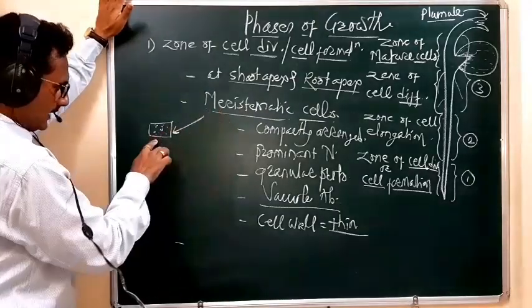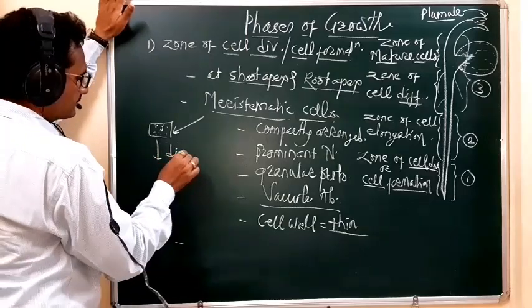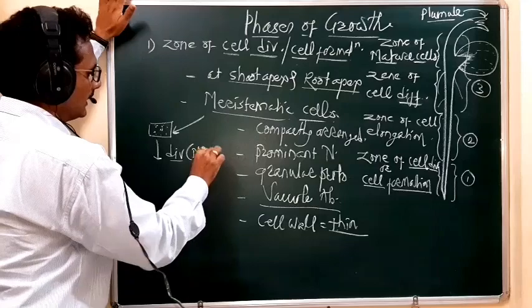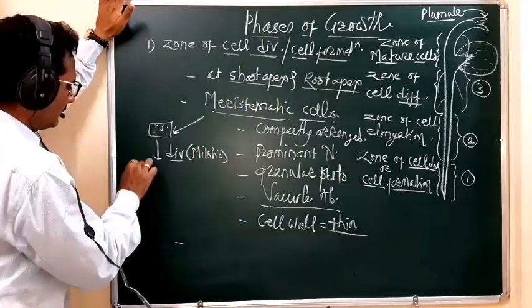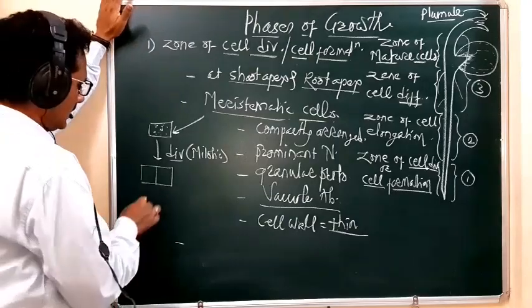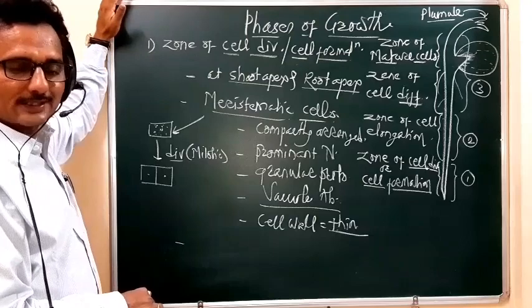Then this meristematic cell divides. It shows mitotic division. So after division, how many cells are formed? There is a formation of two cells. This is one cell, and this is another cell. So two new daughter cells are formed.